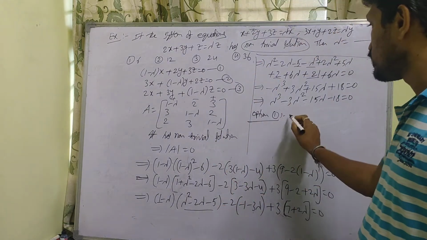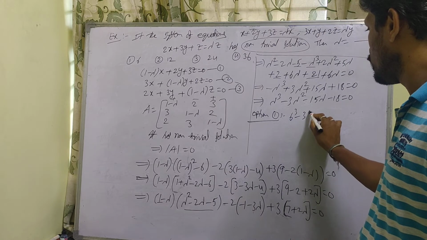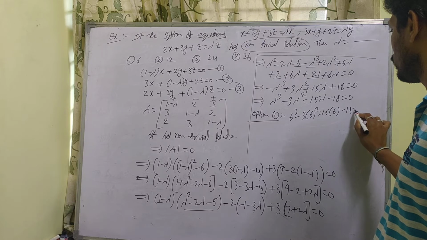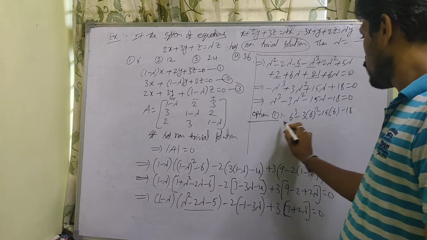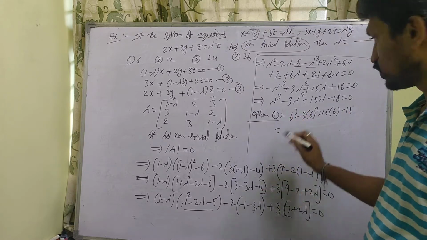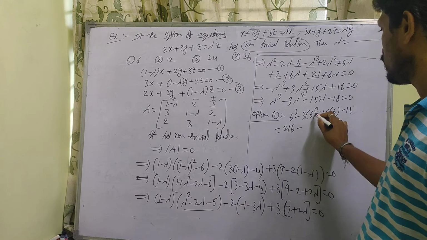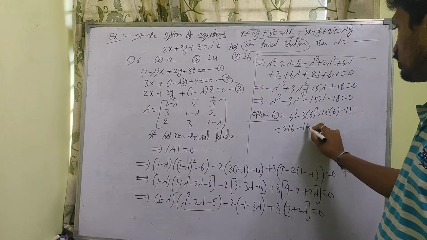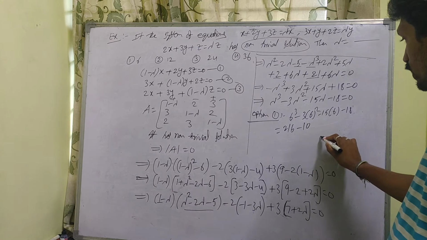Okay, 6 cube minus 3 into 6 square minus 15 into 6 minus 18. Once you check it out, 6 6s are 36, 36 6s are 216, minus 6 6s are 36, 36 3s are 108.